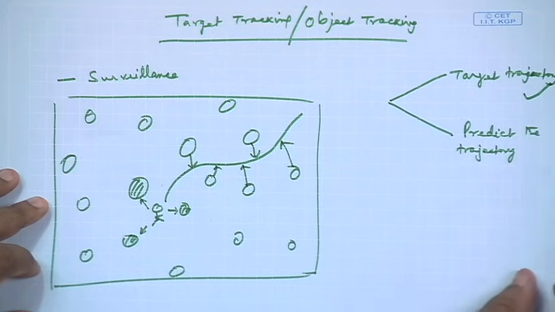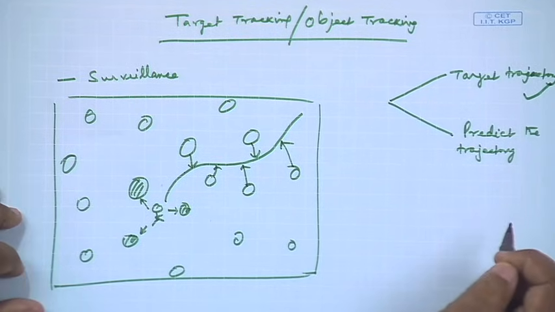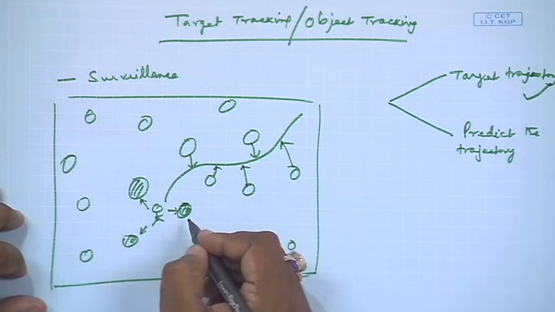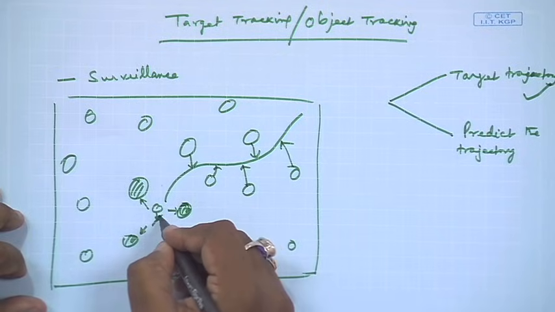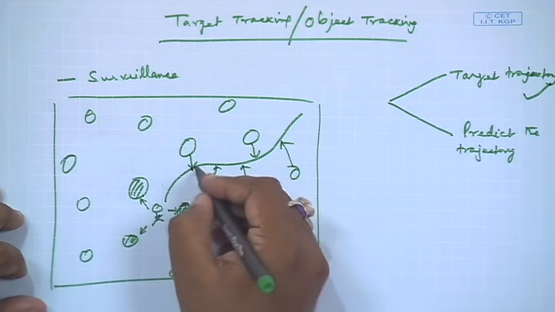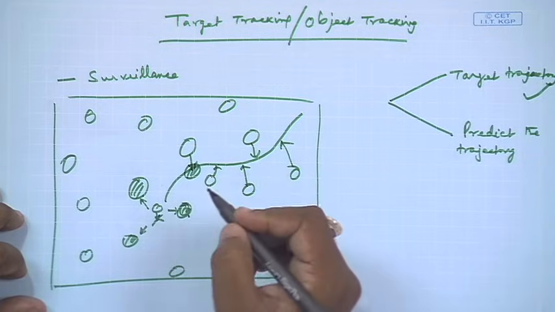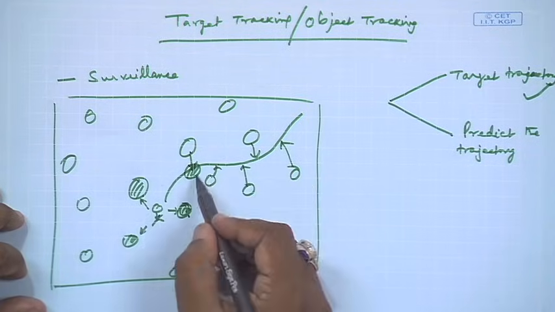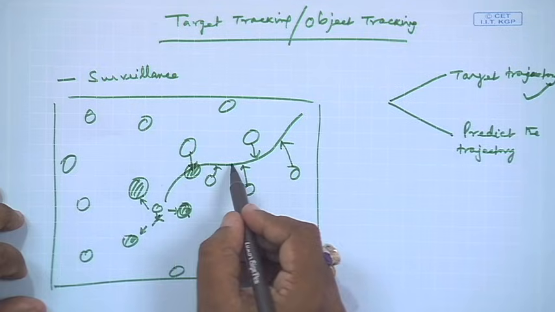The second problem is to predict the trajectory. Prediction means that let us say this object has been identified in this particular position by these sensors. It moves to the next location, here, and then these sensors detect this particular target, and like this it keeps on moving.